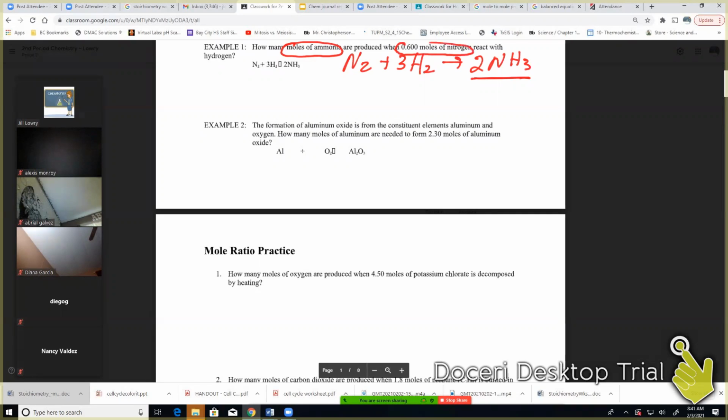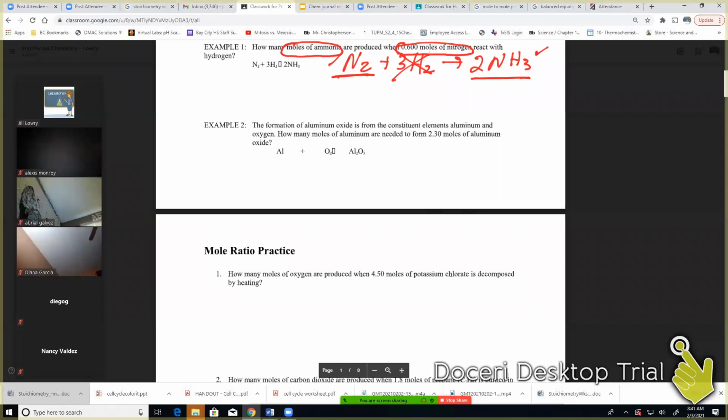So 0.6 moles of nitrogen, that's my given. I'm not worried about hydrogen. And what we're doing right now and for the next few days, there could be 3 things in an equation, 4 or 5. We're only looking at 2. So if it helps you figure out what your given is, figure out what your unknown is, and then cross out what you don't need.